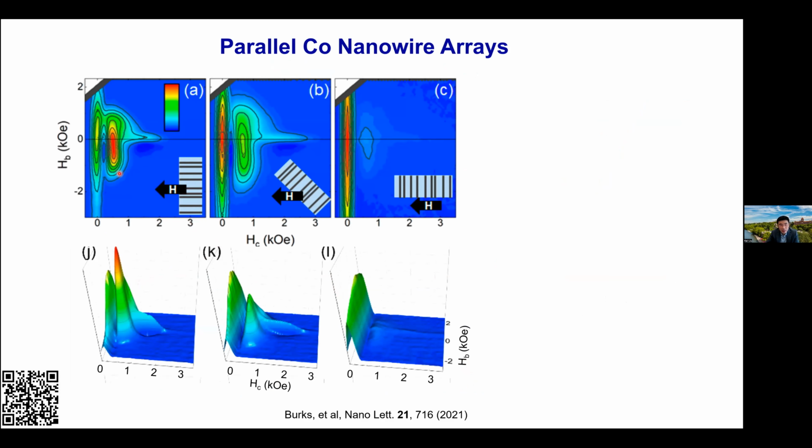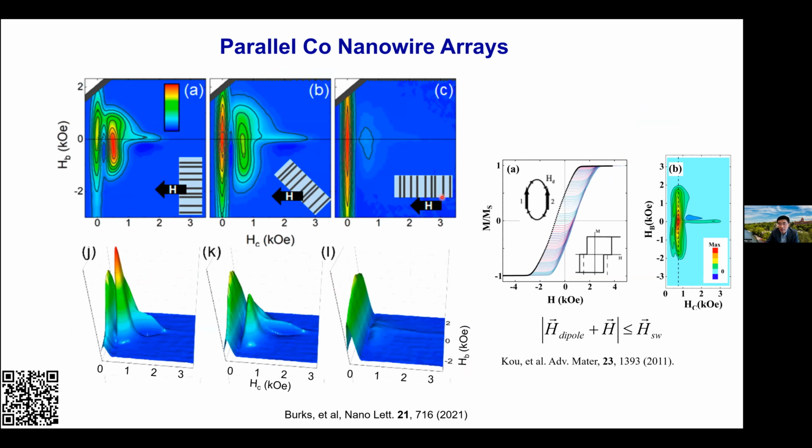This vertical ridge corresponds to demagnetizing dipolar interaction, because adjacent nanowires want to be anti-parallel to the neighbor. So when you have a collection of such closely spaced nanowires, you end up with a vertical ridge, as we have seen previously in nickel nanowire arrays.